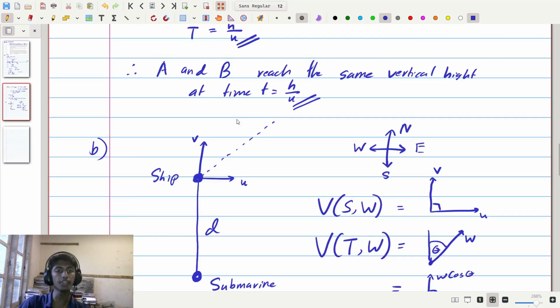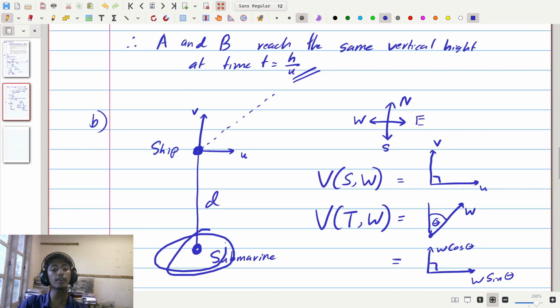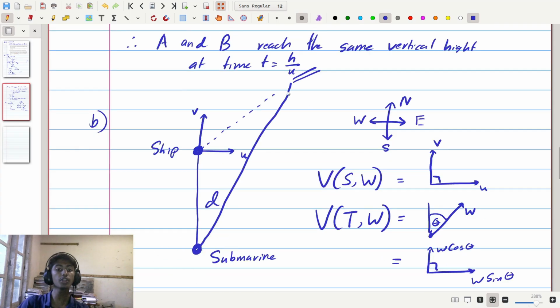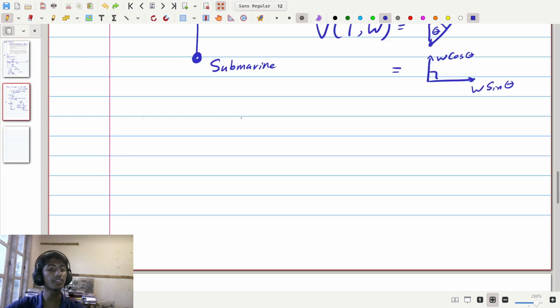Now considering this, in order to find the time taken by our submarine's torpedo to eventually hit this ship, we need to find the velocity of the submarine torpedo relative to the ship. So what we're looking for is the velocity of the torpedo relative to the ship.